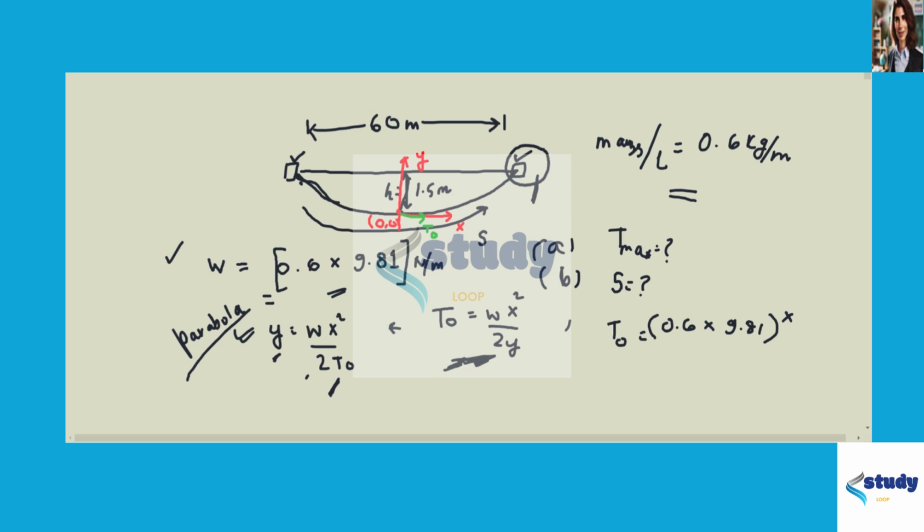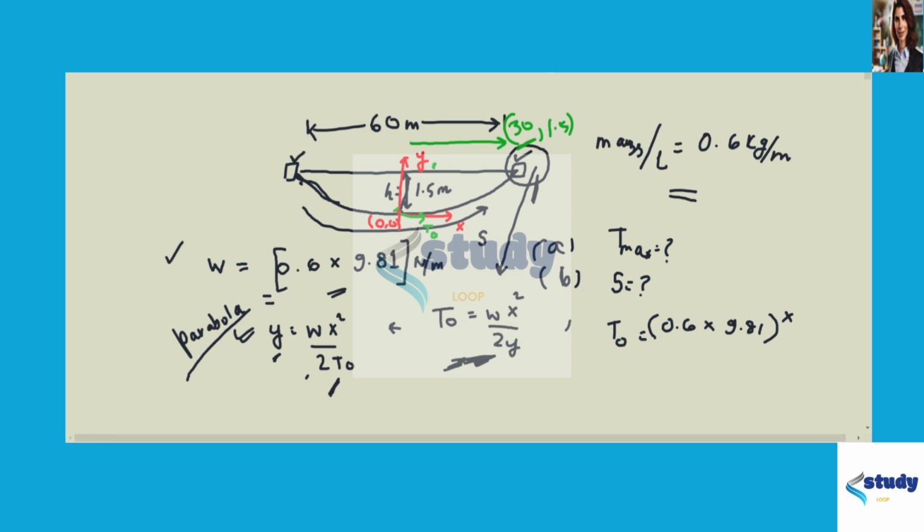So at this point we are writing the value of T naught. The x coordinate of this point is 60 divided by 2, which is 30, and y here is 1.5, because if this point here is the origin, this y would be 1.5.